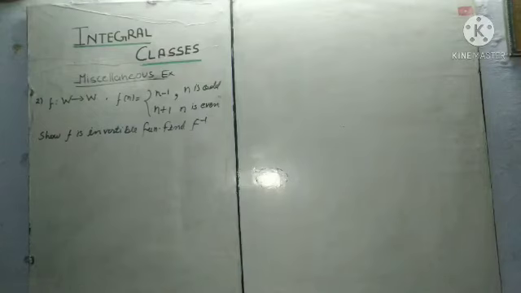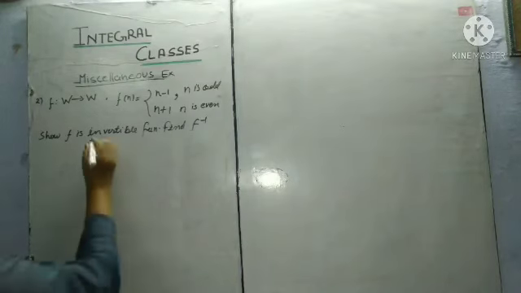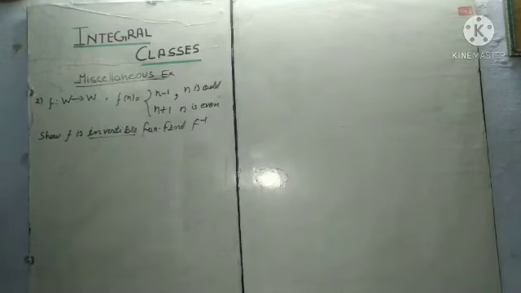So student, to show that f is an invertible function, first we will show it is bijective. What is the meaning of bijective? It means it is one-one and onto. So for one-one, first of all we will learn by the mapping Venn diagram.